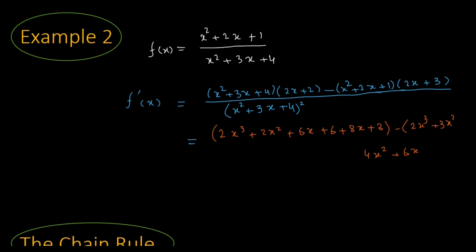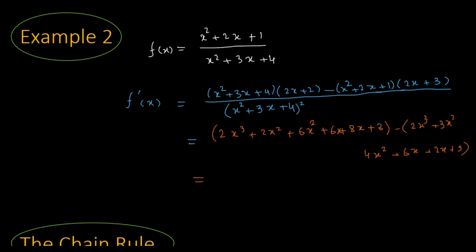Then multiply 1 with 2x plus 3, it will be 2x plus 3. I think there is a mistake over here. When you multiply 3x with 2x, it will be 6x square, and 3x with 2, it will be 6x. And now 8x plus 8, just like that.